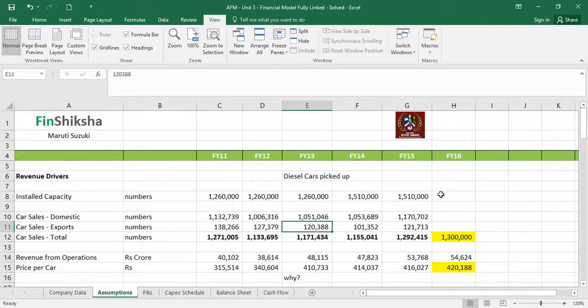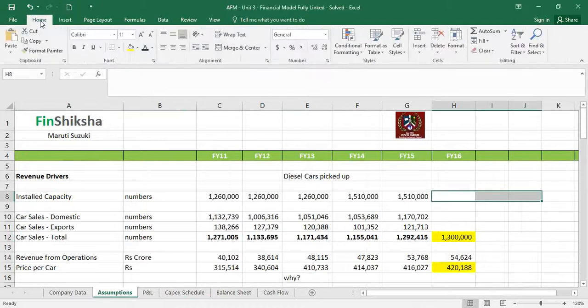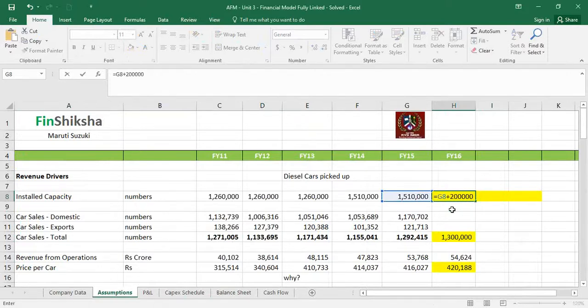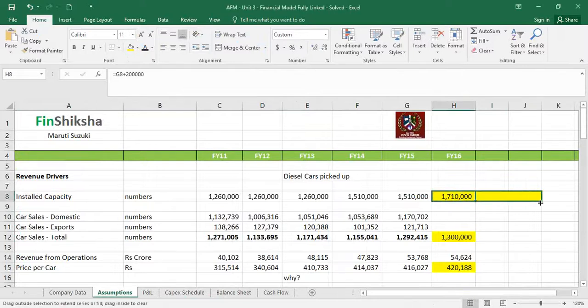So the first things first, we can bring in the installed capacity assumption here on this particular sheet. So what we do is we basically color these cells so that we know what is the installed capacity, right? Let's say Maruti is going to take its capacity from 1.5 million or 15 lakhs to something like 2 lakhs increase every year for the next 3 years, right?